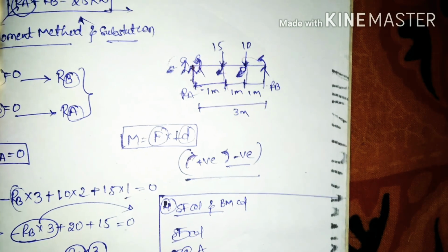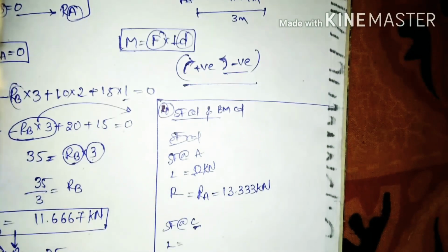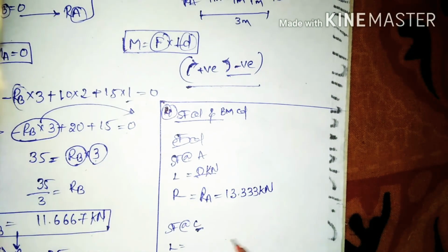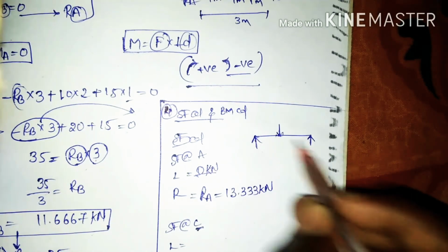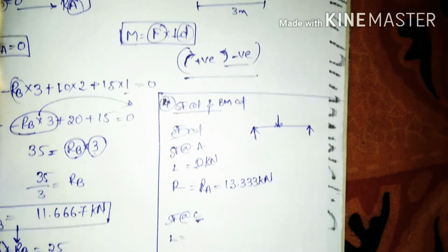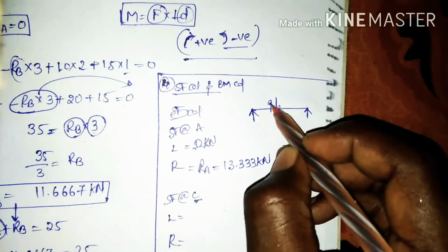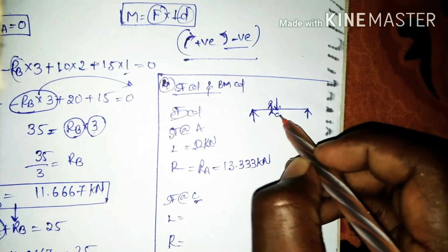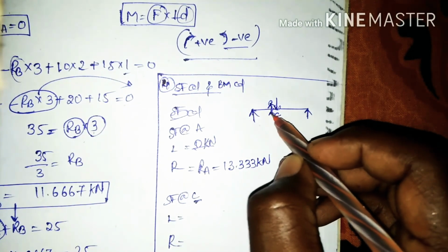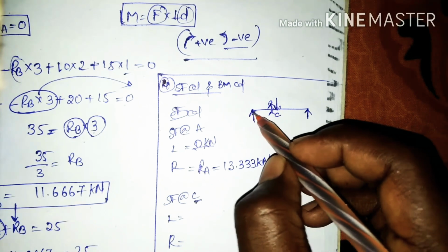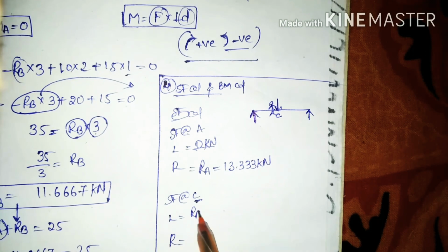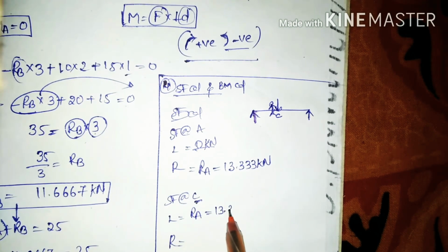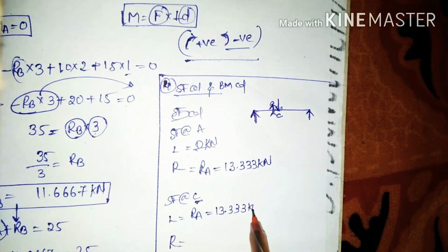Similarly, this is going to continue up to the left of C. This is C. When I stand just left of C, I find only one reaction, which is RA, that is 13.33 kilonewtons.